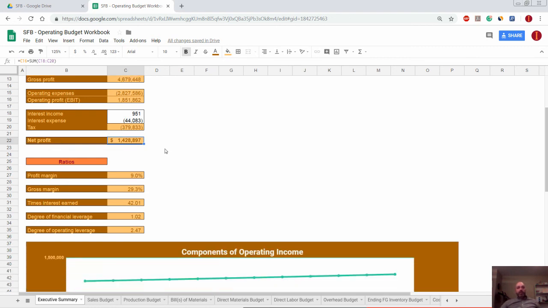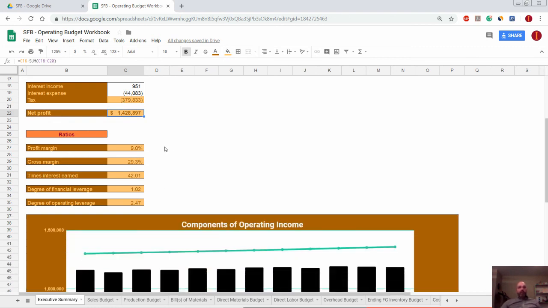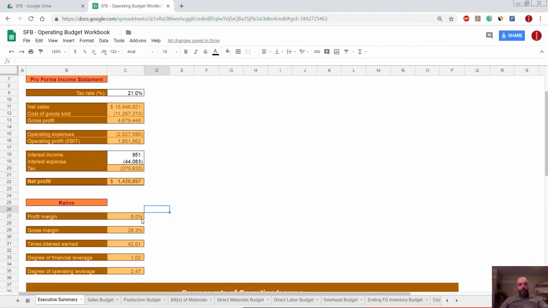So the last couple of things to address here are the ratios, and there aren't too terribly many of them. We've got profit margin, which is simply net profit divided by net sales. How much of net sales do you take down to the bottom line?